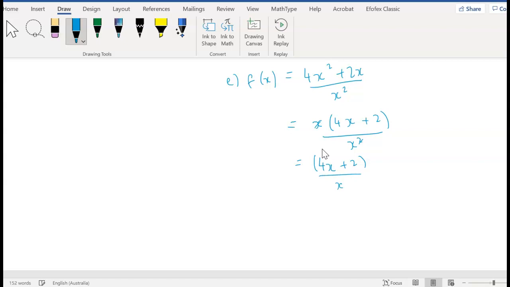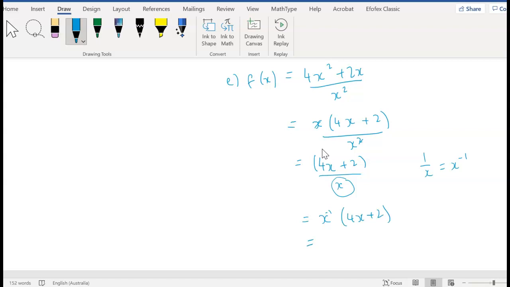So I still have a term in the numerator and a term in the denominator. Now, you should know that 1 on x is the same as x to the power of negative 1. So I can put x to the negative 1 up the top and multiply it by 4x plus 2.